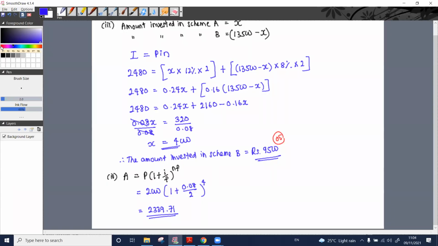Or else you can round it off and say 2,339.72. If you got this one correct, give 5 marks. That is question number 4.